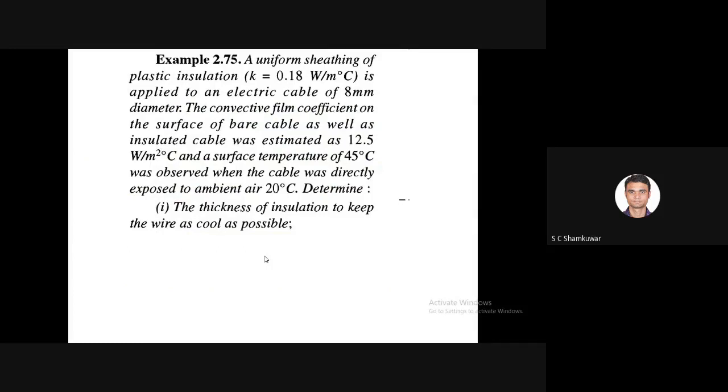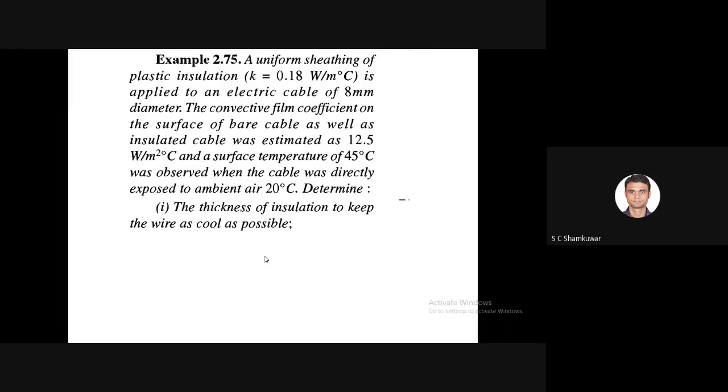Now, after this, take this problem. A uniform sheeting of plastic insulation is applied to an electrical cable of 8 mm diameter. The convective heat transfer coefficient on the surface of the bare cable as well as the insulated cable was estimated as 12.5 watt per meter square degree Celsius, and the surface temperature of 45 degrees was observed when the cable was directly exposed to the ambient air.